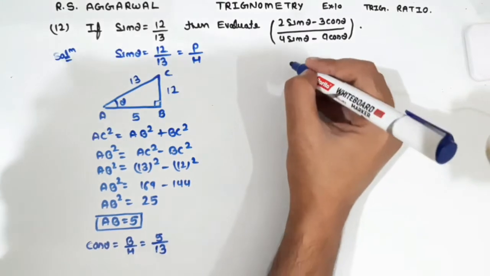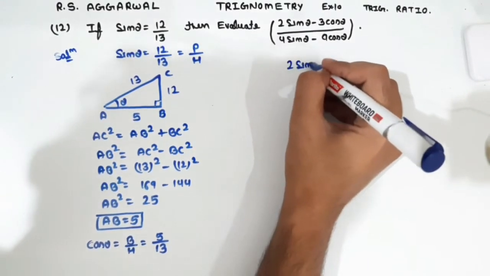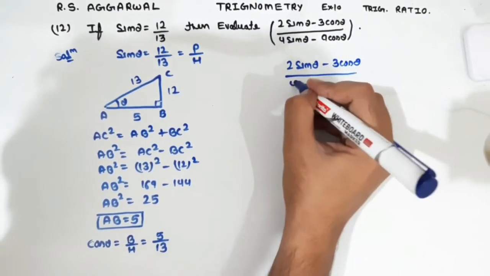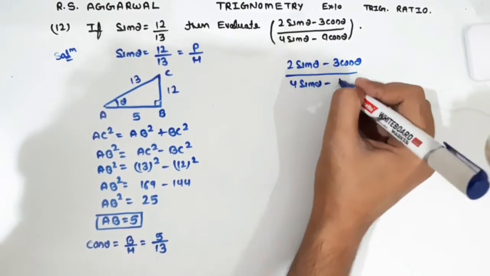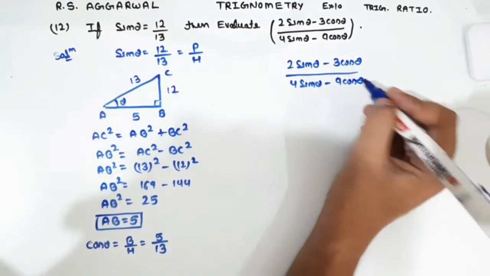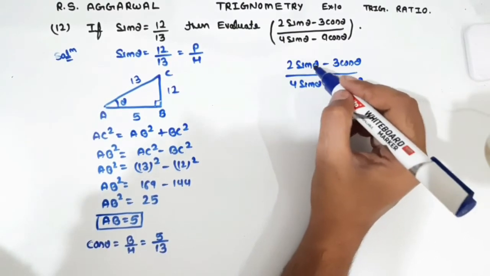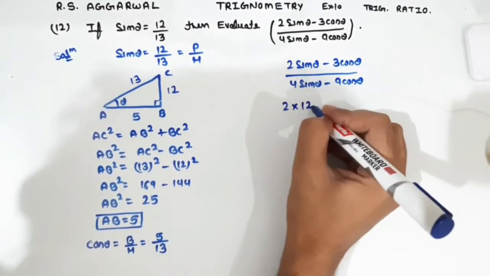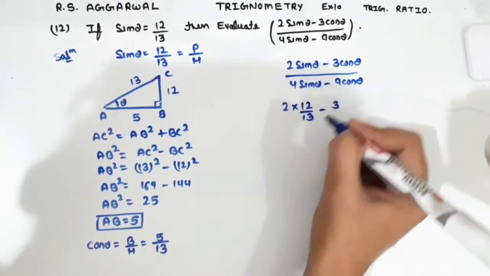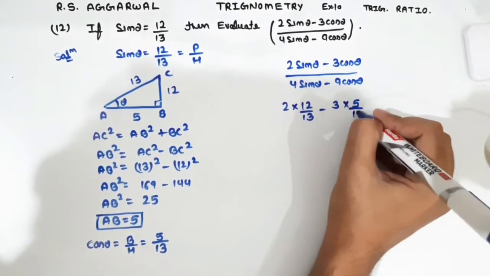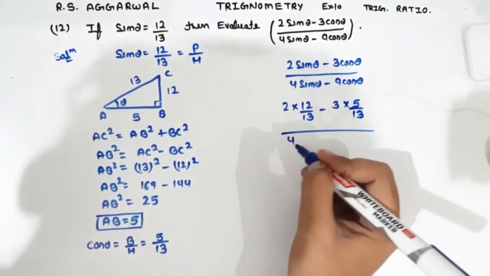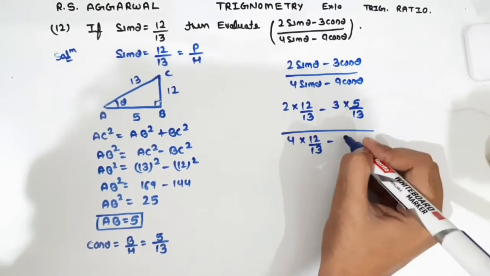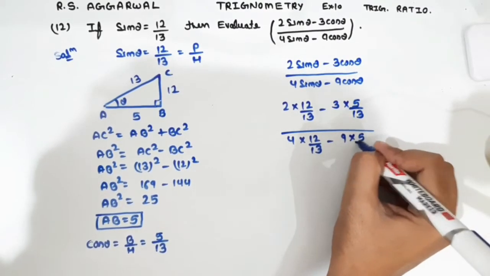So we have to find 2 sin theta minus 3 cos theta upon 4 sin theta minus 9 cos theta. So now putting the value of sin theta and cos theta here. So 2 sin theta is 12 upon 13 minus 3 cos theta is 5 upon 13, upon 4 sin theta is 12 upon 13 minus 9 cos theta is 5 upon 13.